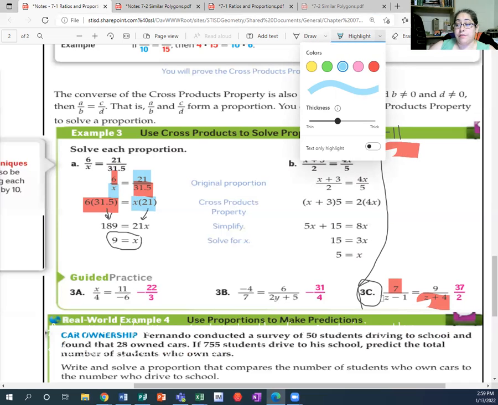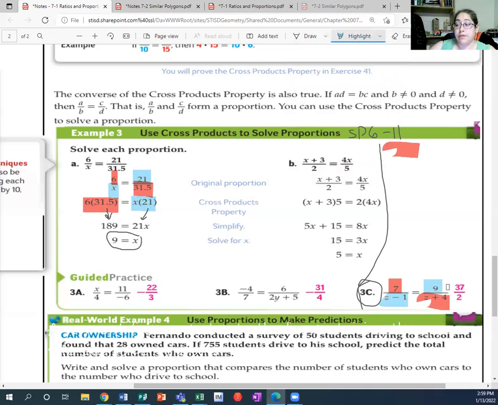And then identify the means. We're going to multiply those together and we're going to write them down. And they're equal to each other. So my extremes are 7 times the group z plus 4. And my means are 9 times the group z minus 1.